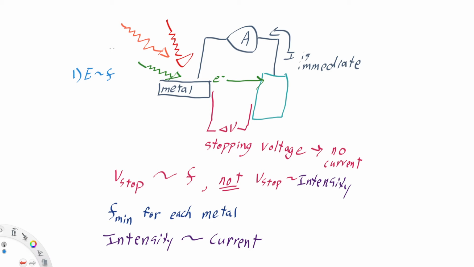Because if your frequency is too low, no individual photon has enough energy to kick off an electron, right? From chemistry, we already knew that electrons are bound to their materials, right? Their atoms. So different materials have different binding strengths, so it makes sense that different metals have different minimum frequencies and thus minimum energies.